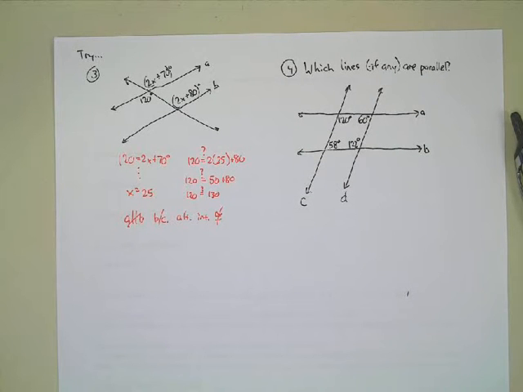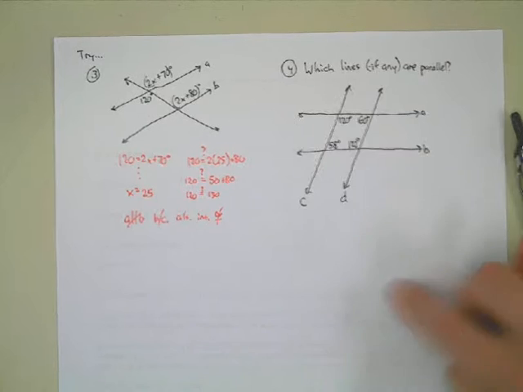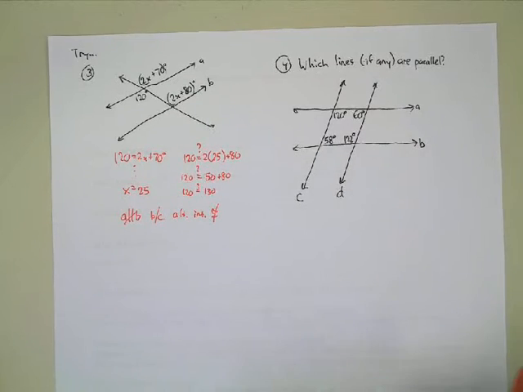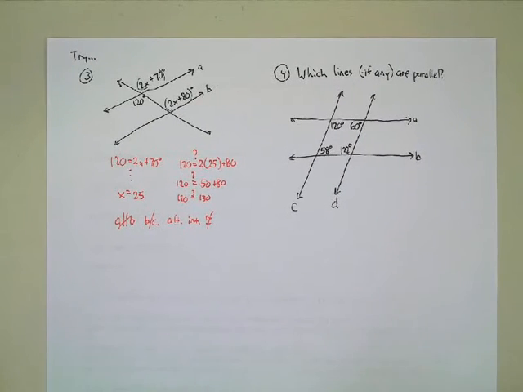Okay. All right. Number 4. Which lines, if any, are parallel? Okay. So, what do you say, John? I said C and D are parallel, but A and B are not parallel. Is that what you're saying? Okay. So, how did you determine that C and D were the parallel ones here?